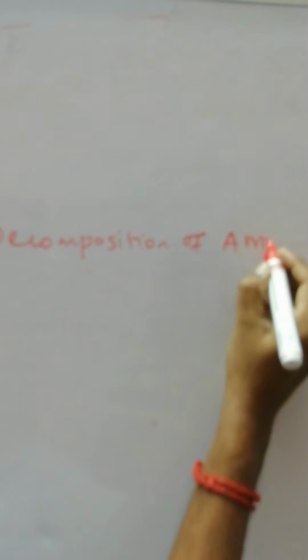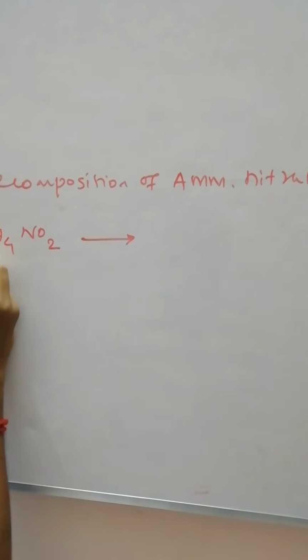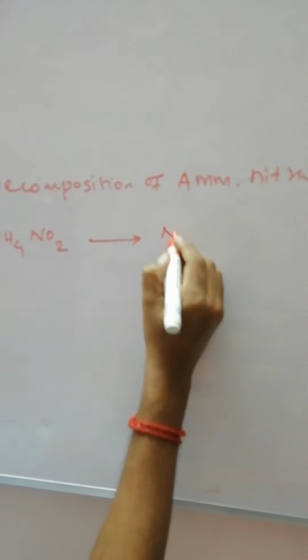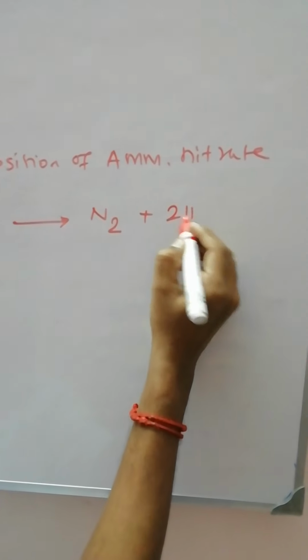Okay, unimolecular, I am going to give one example: decomposition of ammonium nitrate. NH4NO2 gives N2 plus 2H2O.